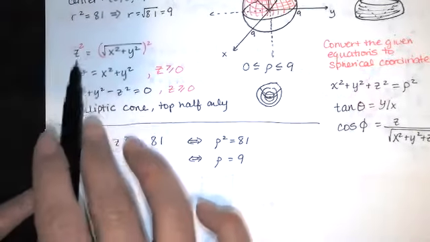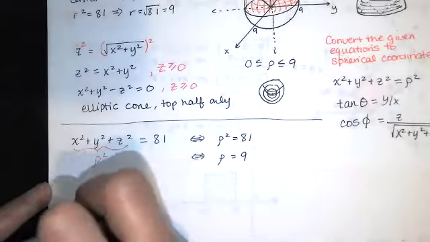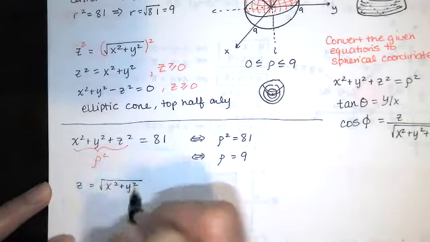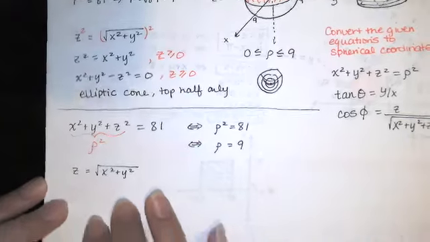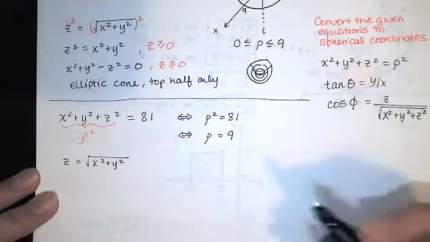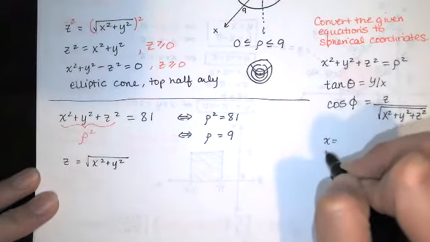Now in this other one, we've got z equals this positive square root of x squared plus y squared. In order to convert these, I just need to use my coordinate conversion formulas for x and y and z.